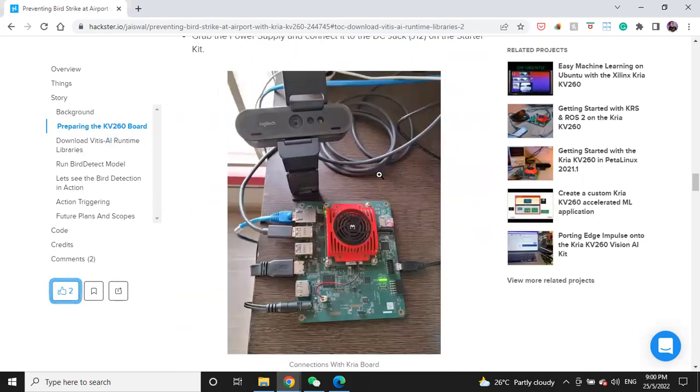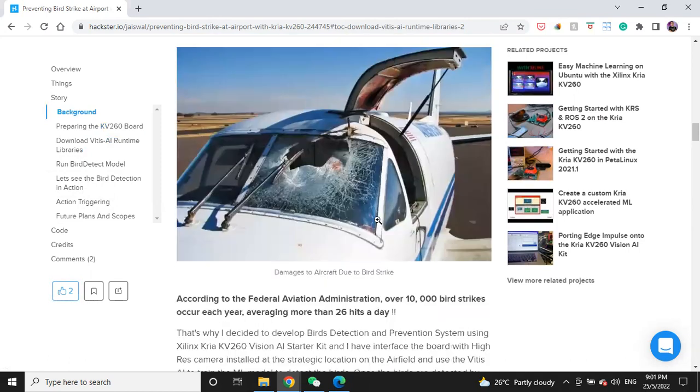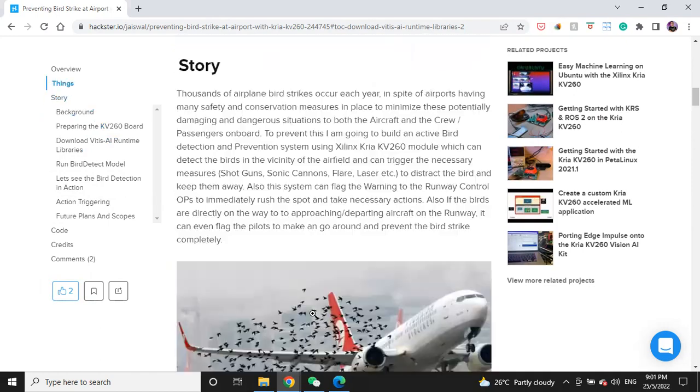Otherwise, overall, it's very easy to deploy any vision AI application with the Kria KV260 board without any prior FPGA experience, as the company says. Overall it's smooth, but only the machine learning and training part is a bit tricky. I would not say it's hard, but it's a bit tricky.